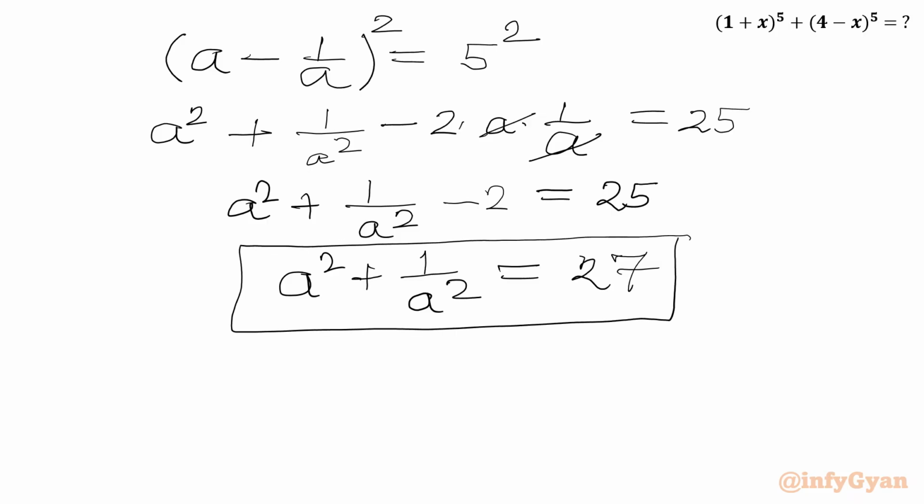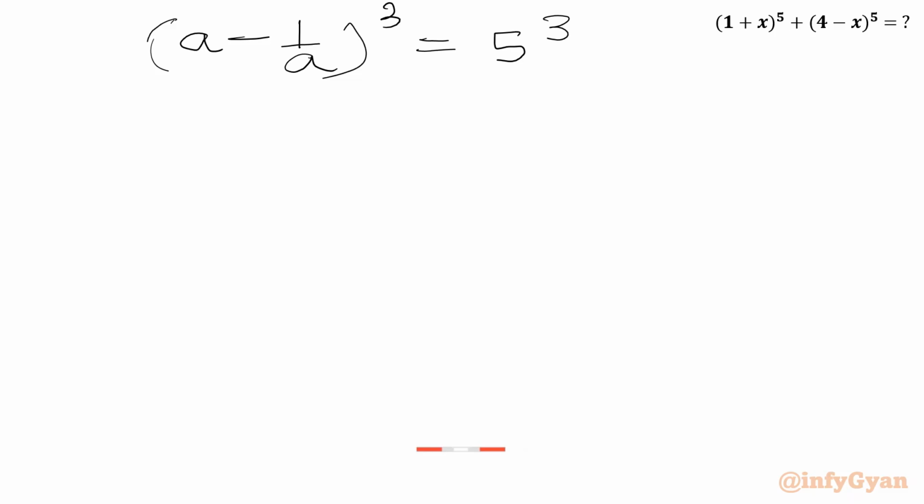Now we have to calculate A³ - 1/A³. I will consider cubing both sides. (A - 1/A)³ will be equal to 5³. Let's apply the formula.